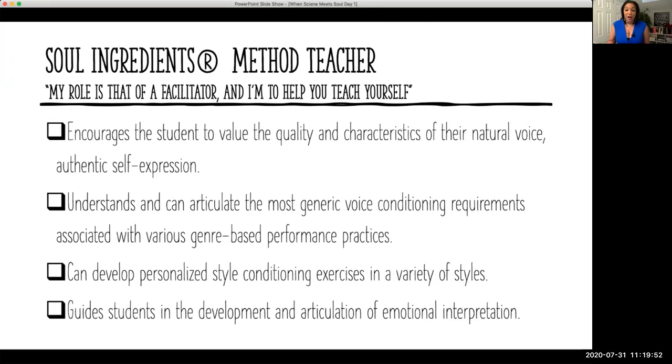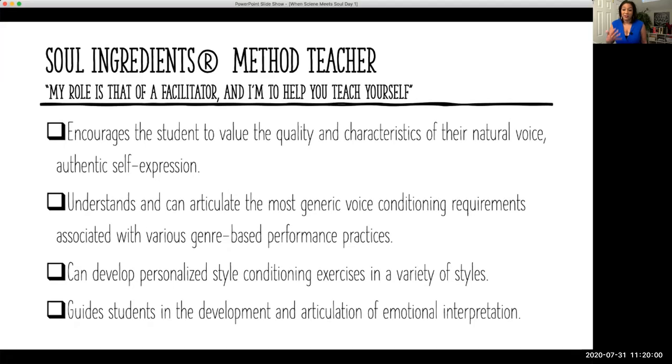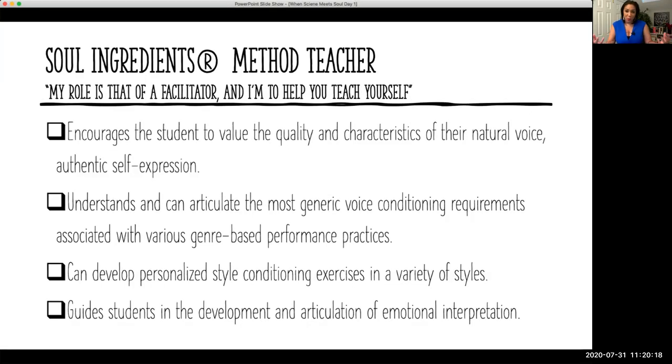At what point are they going to start believing that their process has value? The way they cry is valid. What they sound like when they're happy is valid. So this process of self-validation and using what we know from science, using what we know from somatic voice work in terms of how to develop a particular sound, we do it based upon what they're presenting.